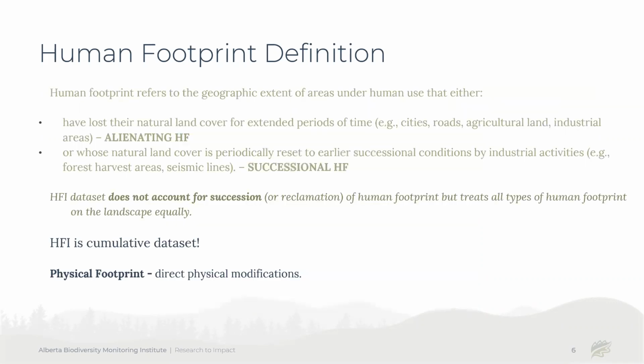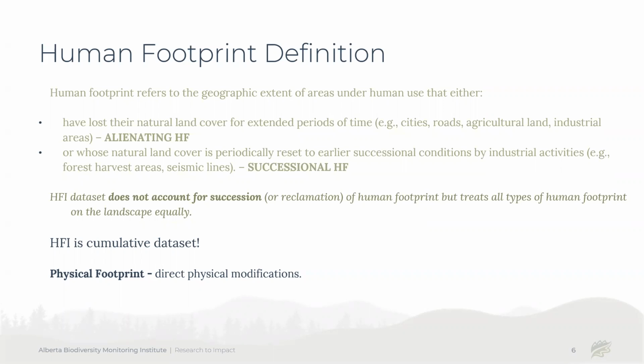Now, if you look into our metadata, you would see that this basic definition of human footprint is broken down a little bit. Within our human footprint inventory, we are collecting two different types of human footprint. First is alienating, and the second category is successional.